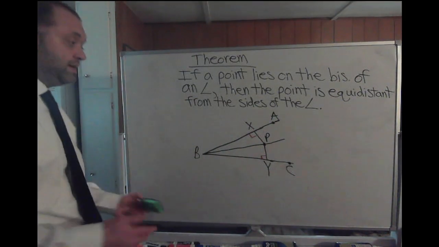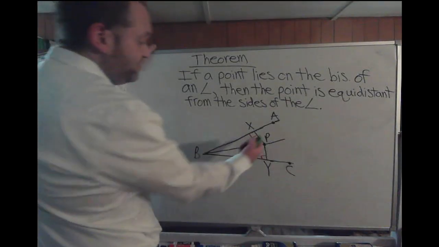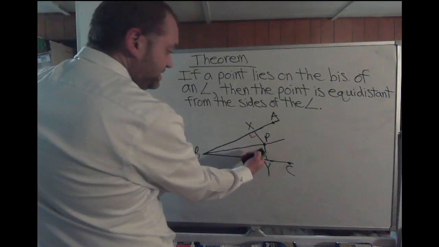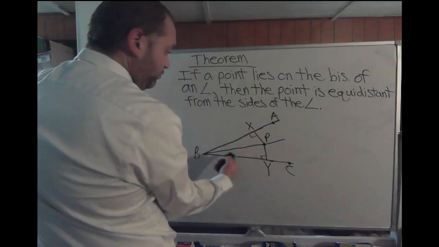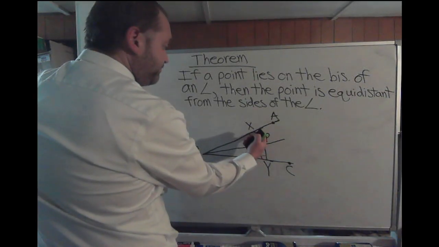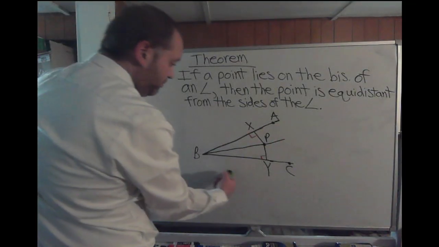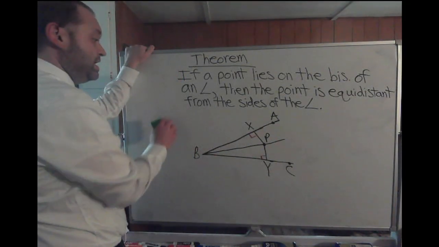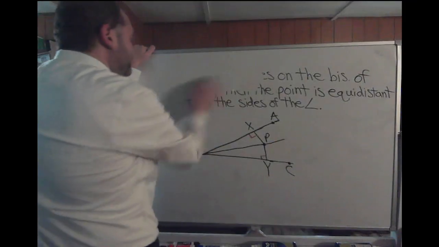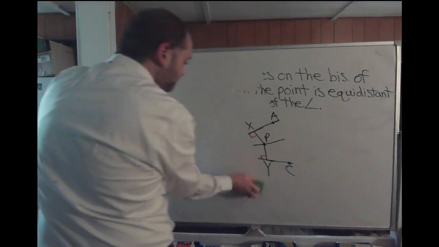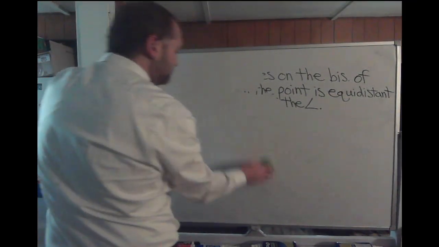That's what that's saying. And you have the perpendicular lines here to measure the distance from ray BP to ray BA or ray BC. So that's what that's saying. Now we're going to go ahead and prove that theorem. Let me draw this a little bit better this time.